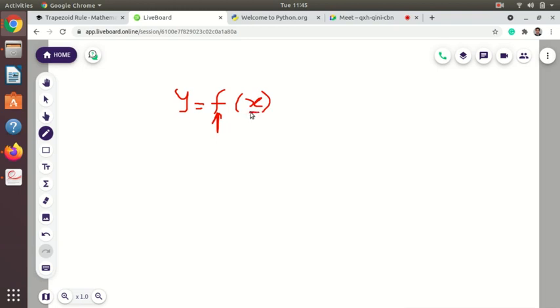So x is the independent variable and f is the dependent variable. Forget about y, just this. This f is also called the function. The function can have any number of variables. If it is a function of x, y and z, then x, y, z are independent variables and f is the dependent variable, or the function.